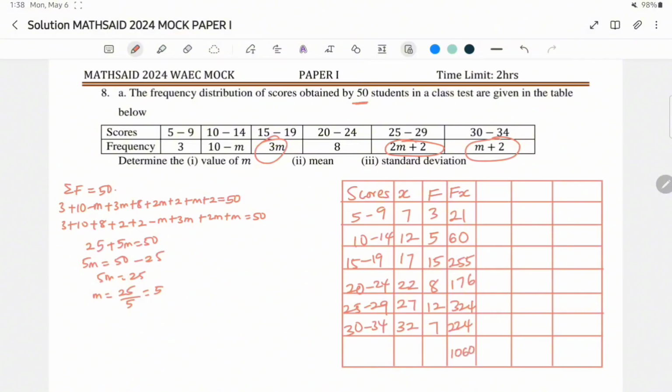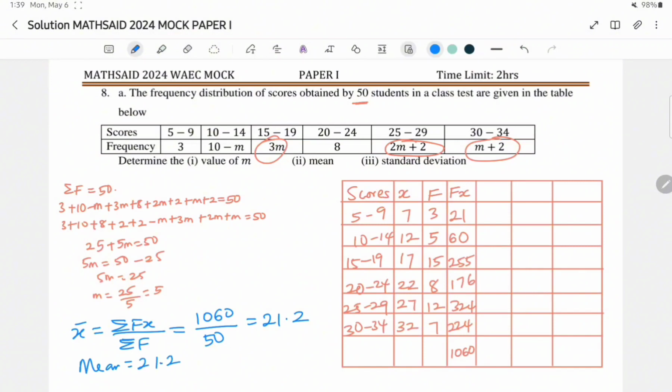So that means the mean, which is summation fx divided by summation f, is equal to 1060 divided by summation f, which is 50, and that will give us 21.2. Hence the mean is 21.2.